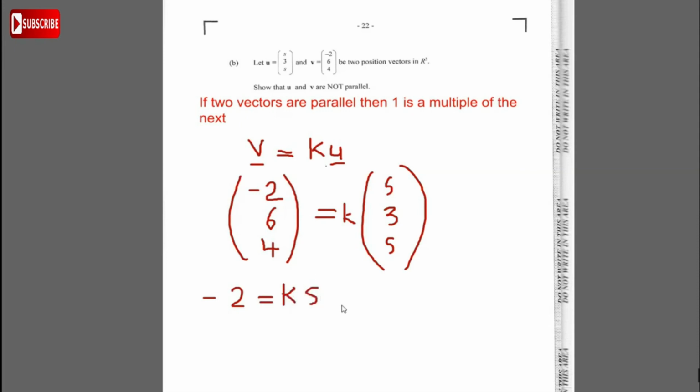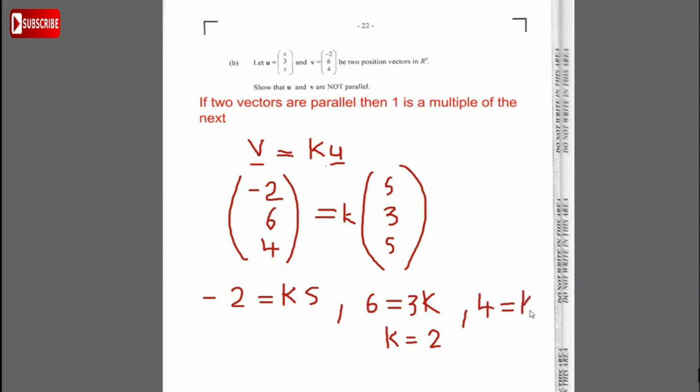We're getting that 6 is equal to 3 times k. And if 6 is equal to 3 times k, then k is equal to 2. So from this, we're getting k equal 2. And finally, we're getting 4 is equal to k times s.